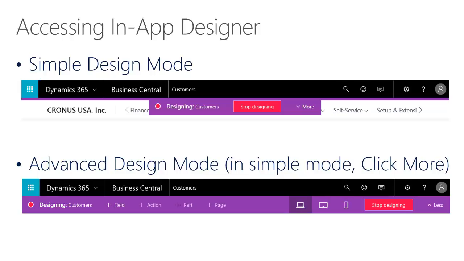Then you click on the more button, and that opens the advanced design mode. And so as you can see, there's a plus field that's highlighted. That is bright white. And then we have actions and parts and pages that are not so bright white. That means that those are not enabled yet. So the current version of the in-app visual designer only allows us to manipulate fields.